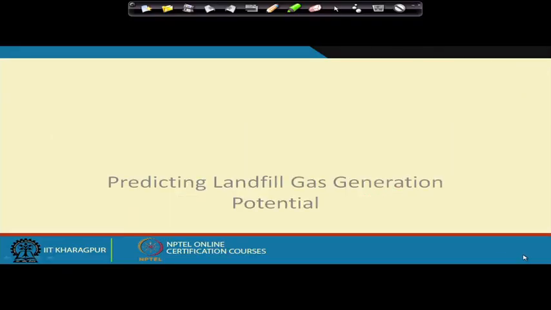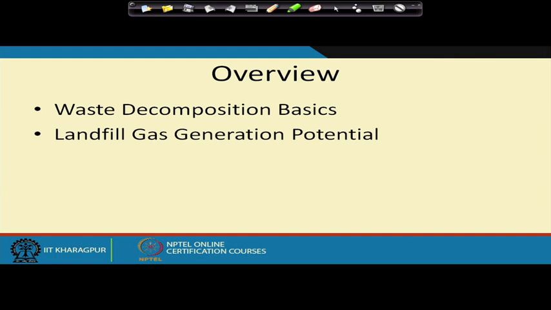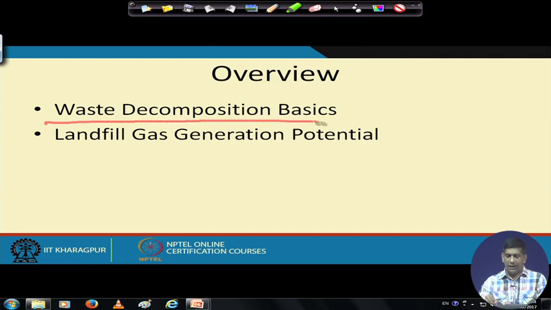The focus for this particular module is on predicting landfill gas generation potential. We'll talk about some of the waste decomposition basics, which will be a review of what you have already seen before. Then the major topic is the landfill gas generation potential.